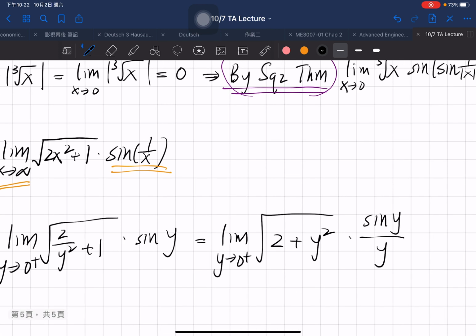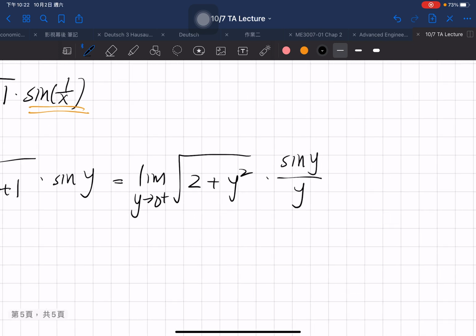Hope I'm doing right. Yes, I think. Okay, and we know that this will equal 1, right? So the answer will be square root of 2. Check. Square root of 2.